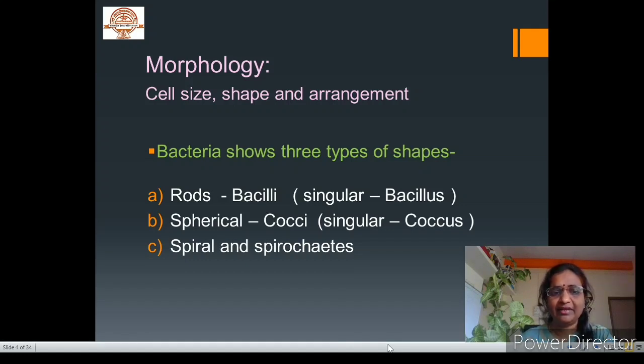It is a wave-like bacteria. So basically, there are only three shapes of bacteria: rods called bacilli, spherical called cocci, and spiral bacteria. Now we will go into detail about the arrangements of these bacilli, cocci and spirals.